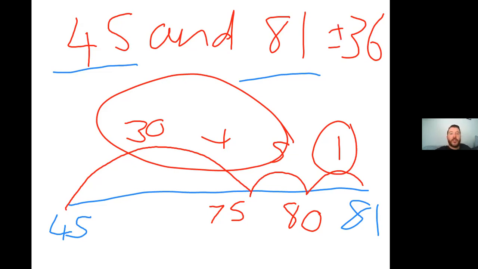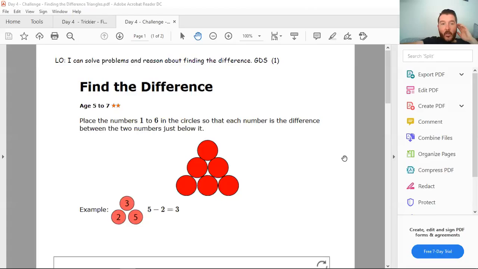And I'm just going to show you this, if I can get it on. Hang on, stop that share. And it looks like this. Okay, so what you're going to do, it says, place the numbers 1 to 6 in the circles so that each number is the difference between the two numbers just below it.